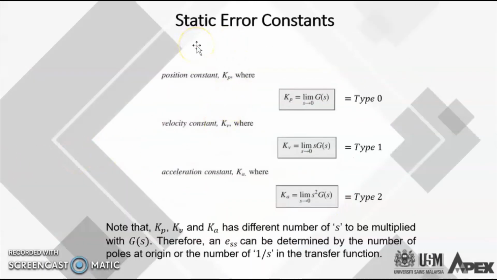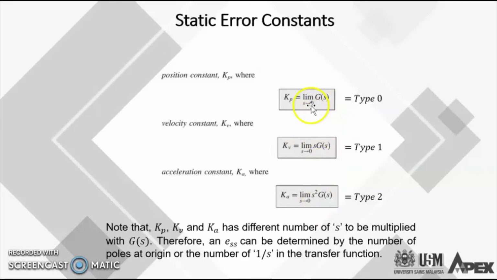So if the question asks you to find the static error constants, this is what you have to do. The position constant Kp is equal to this one, the velocity constant Kv is equal to this one, and the acceleration constant Ka is equal to this one. If you notice, they are almost the same, but what is different is the number of s.